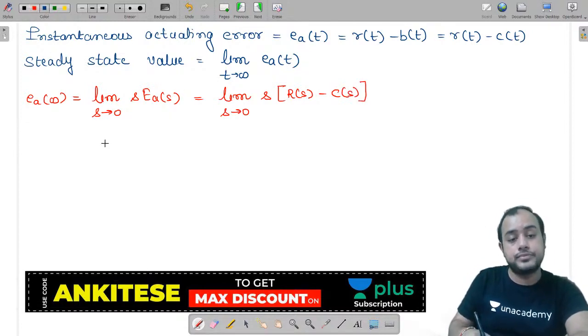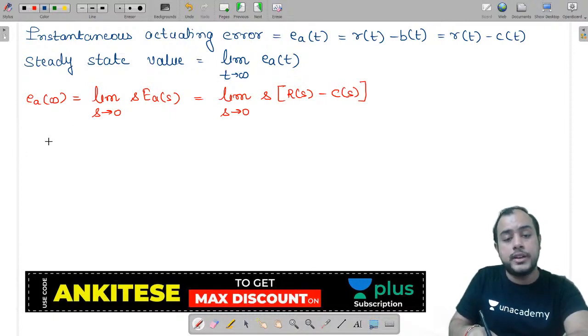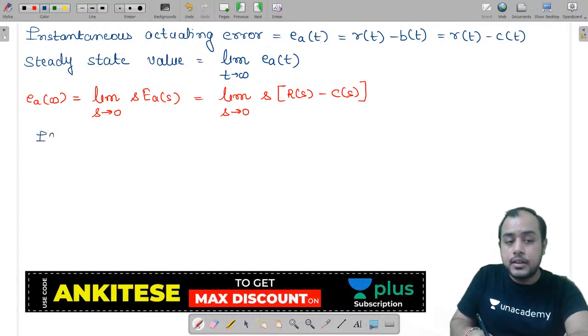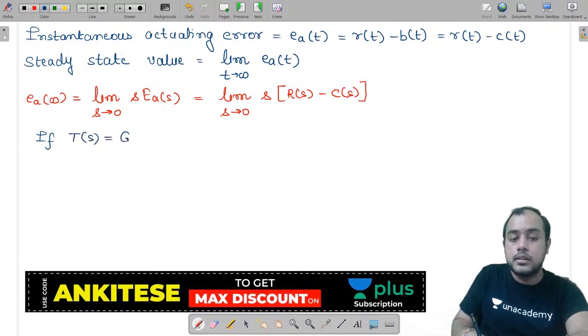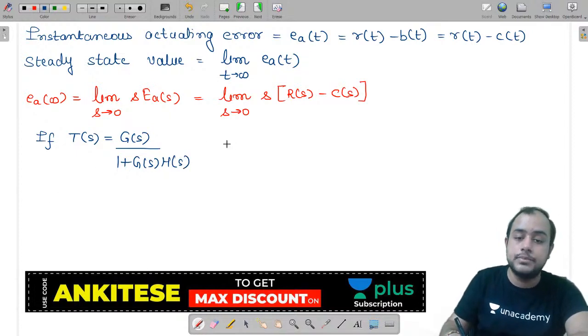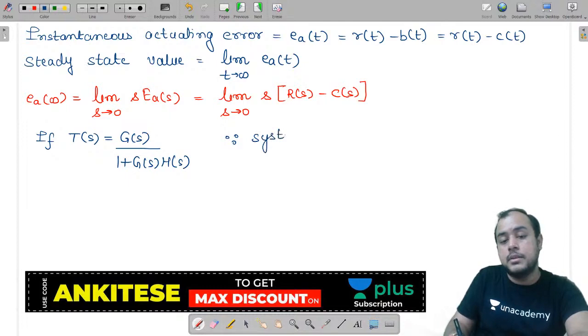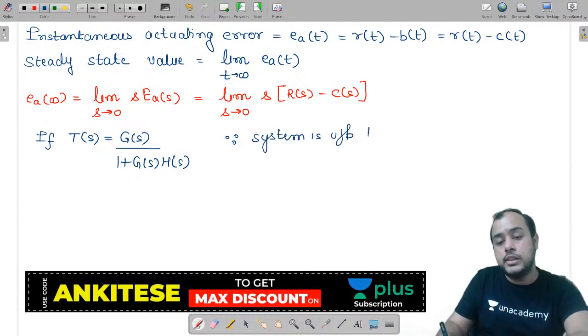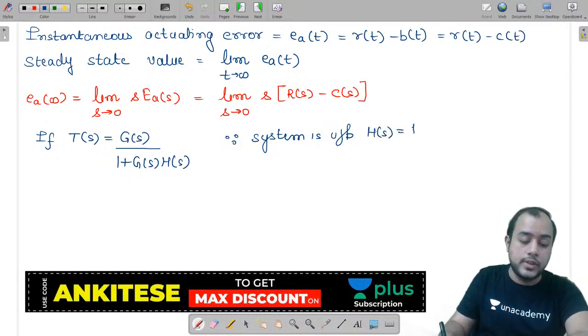Now my friend, what we will do is, if the transfer function of the system is G(s) by 1 plus G(s)H(s), this is the transfer function of the closed loop system, and since the system is unity feedback, you will say that, sir, H(s) will be unity.